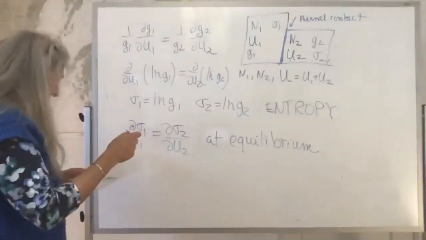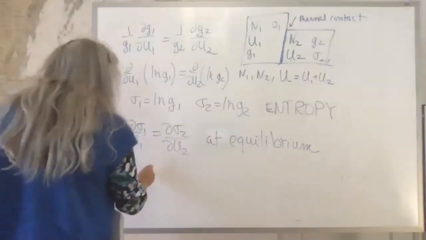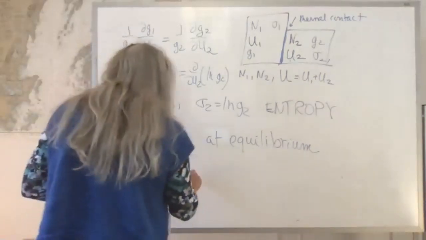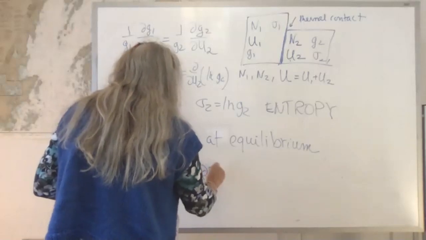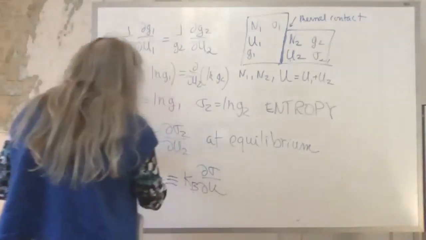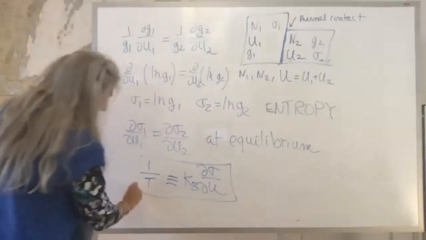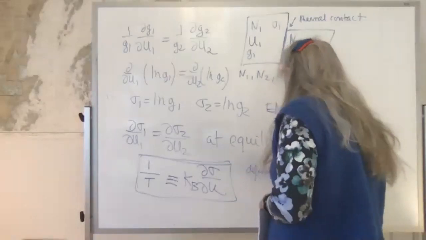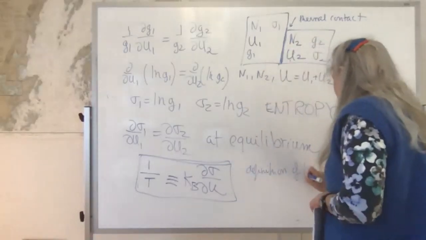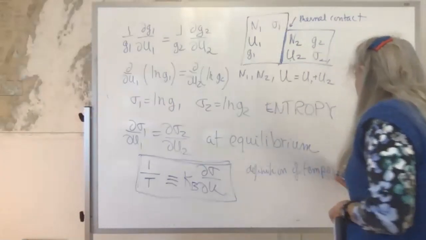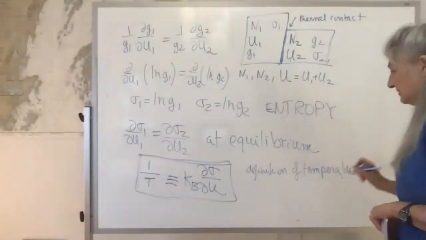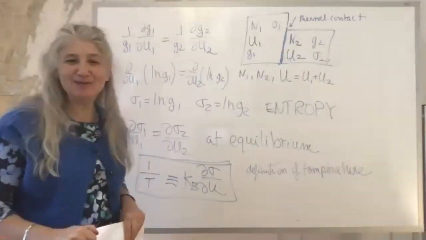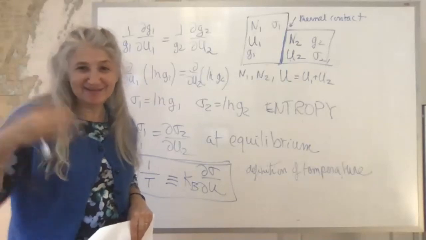And so we'll define our temperature in terms of these derivatives. In particular, 1 over T, we're going to define it like this. So the definition of temperature. So this is heavy on the vocabulary, right? We defined entropy as the log of the multiplicity functions.